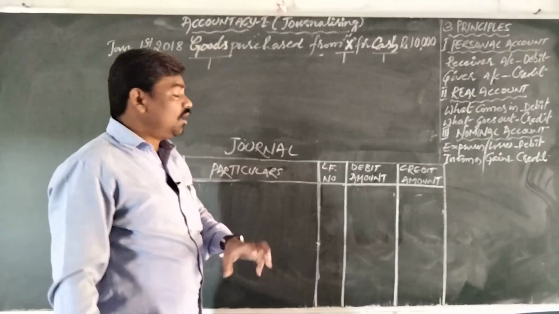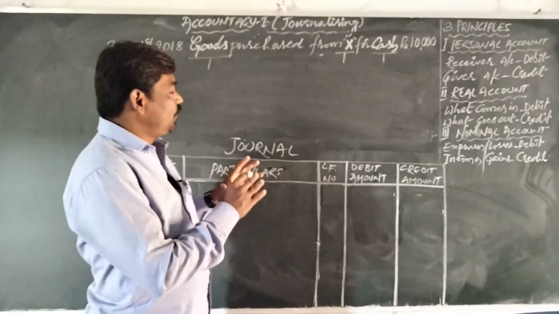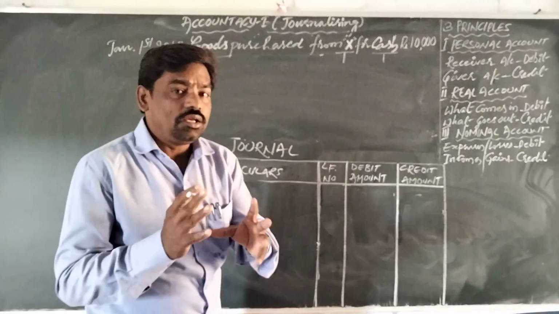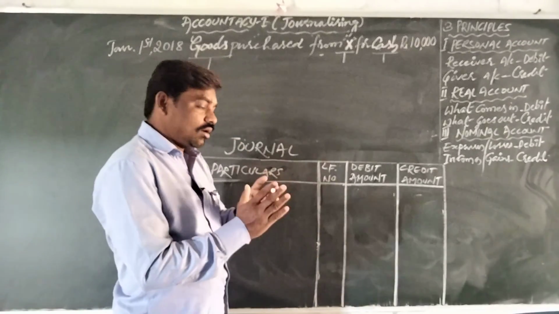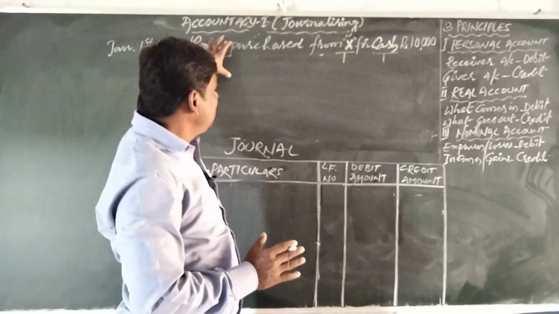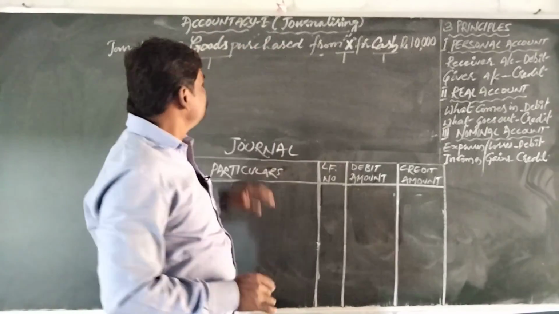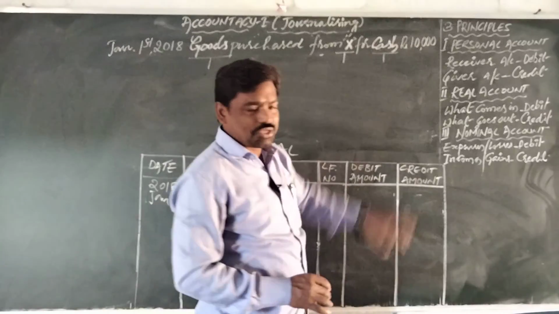So it is a tricky point here. We need to select only two aspects, and we must ignore or omit the third aspect that we find in this accounting transaction. See, goods purchased from X for cash.